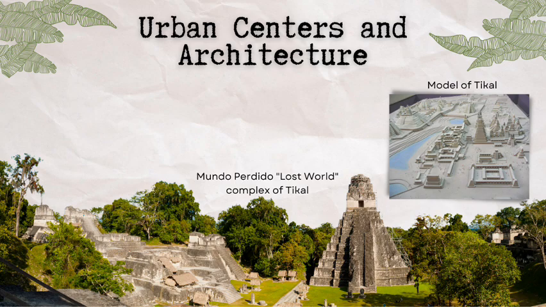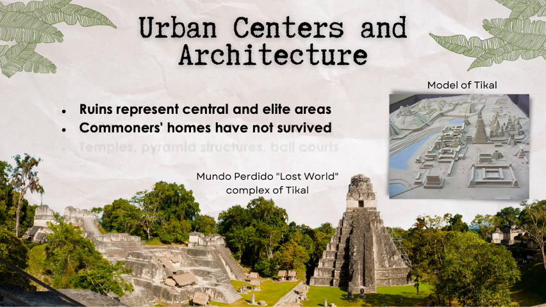So let's talk about urban centers and architecture. Maya urban areas typically grew from the center outward, and sometimes they expanded upwards as new buildings were placed on older structures. Most of the surviving ruins of Mayan cities represent areas inhabited by elite members of the population.